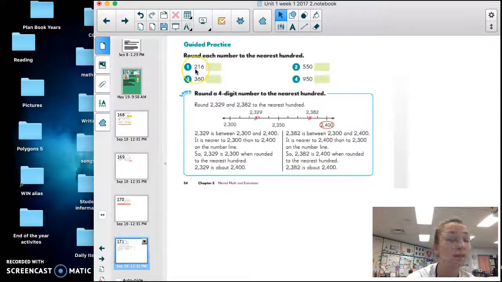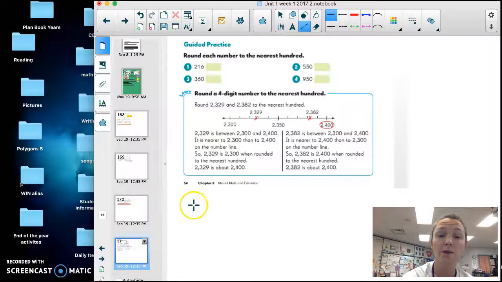Is that 2 going to stay the same with 2 zeros after it, or is it going to go up to 300? 360, is that going to stay 300 or is it going to go up to 400? 550, is that going to stay 500 or is it going to go up to 600? And 950, is that going to stay 900, or is it going to go up to 1,000?